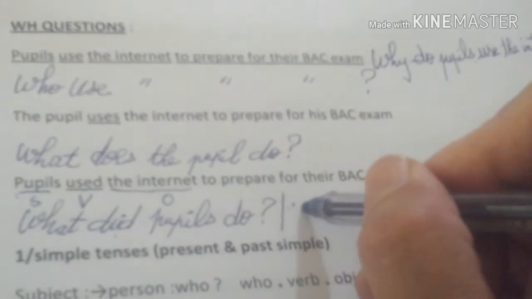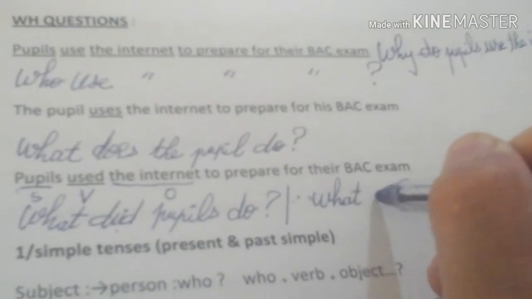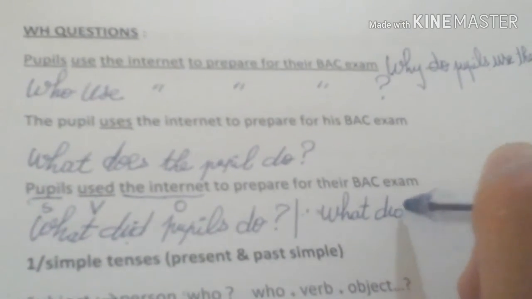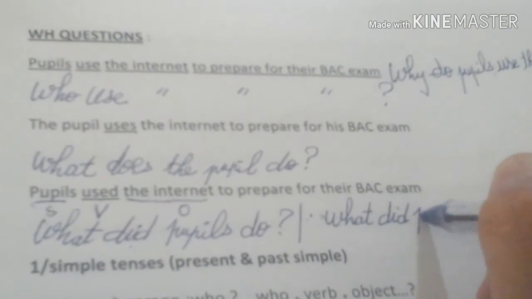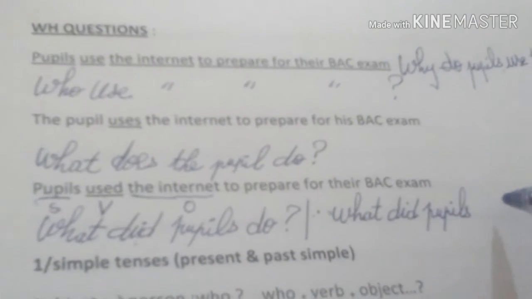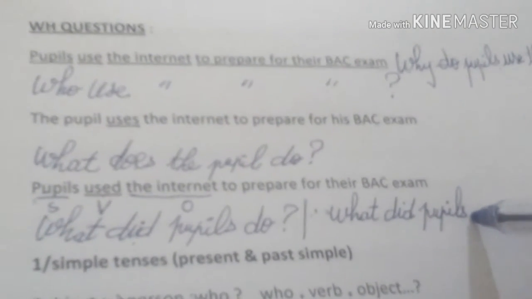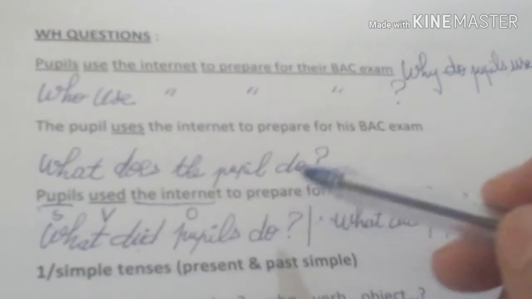So the question will be what did, plus the subject, what did pupils, plus the verb in the infinitive, use. What did pupils use? We don't write the internet, we write the remainder of the sentence.